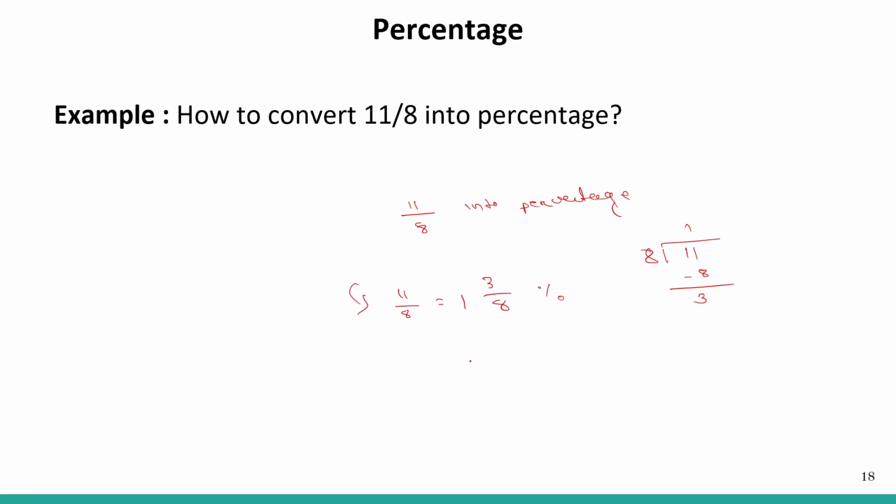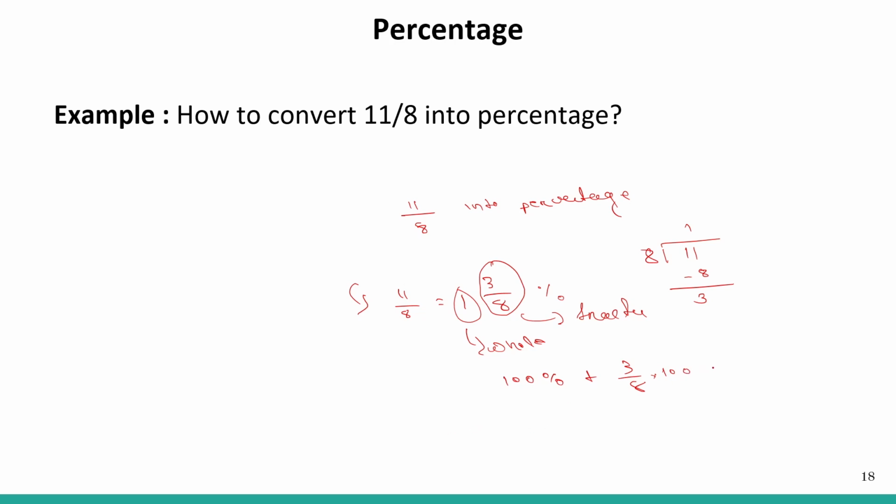So for 1 whole, whole means 100%. So 100% plus 3 by 8 in percentage. What will 3 by 8 in percentage be equal to? If 8 is the whole, it will be multiplied with 100.